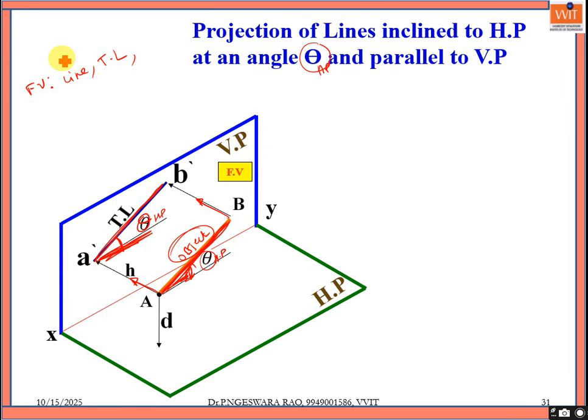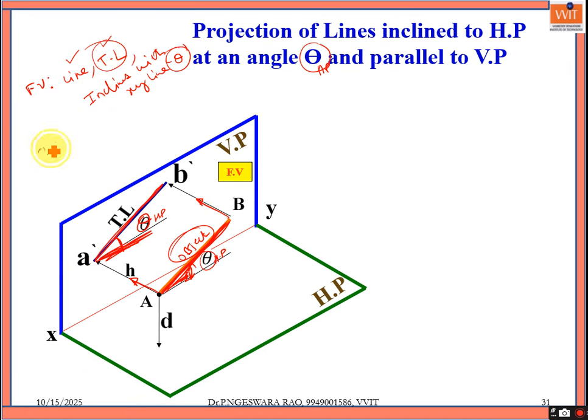So in the front view the image is a line with the true length, but it is inclined to the XY line at the angle theta. That means in the front view we are getting the original length and original angle.